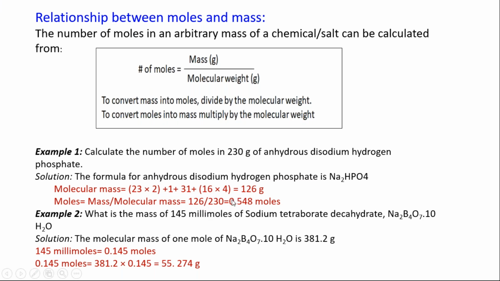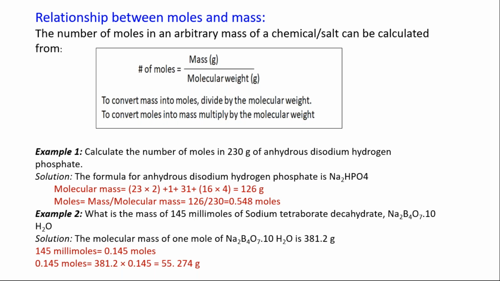Can we quickly do the calculation? Those of you who have your calculators, quickly do that calculation and make that change. It should be 230 divided by 126, which is equivalent to 1.825 moles.